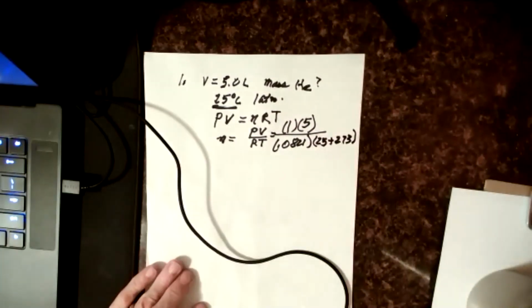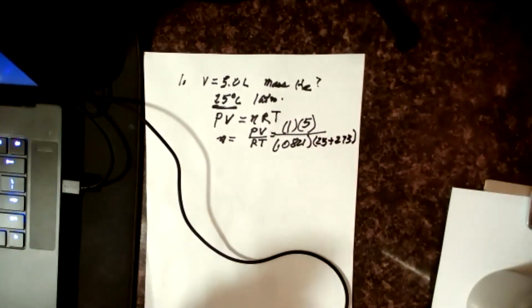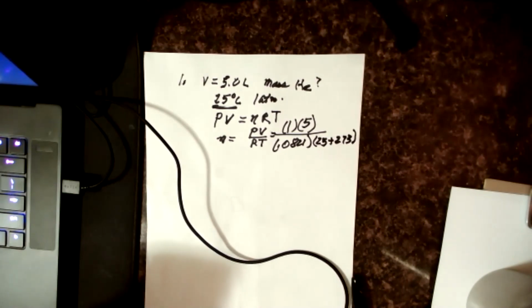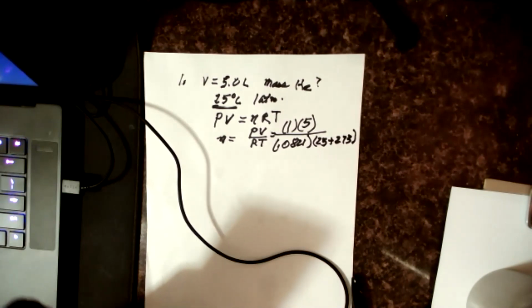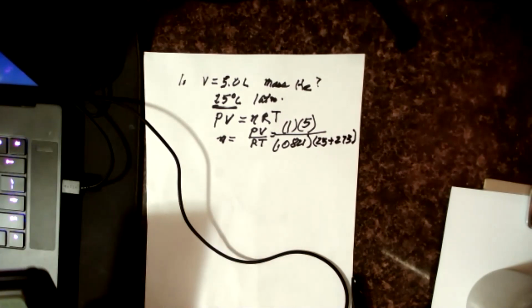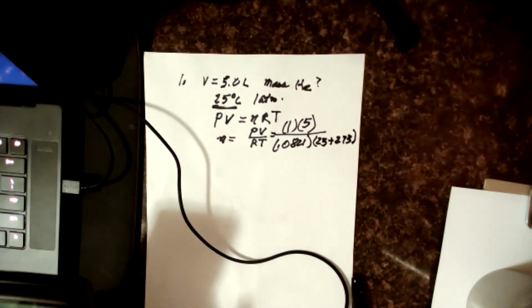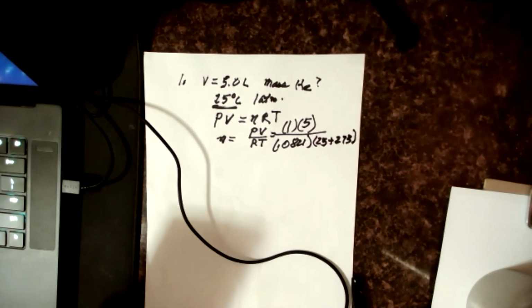All right, so let's do our math and see what we got. Need to do the math with a calculator. And so we have 5 divided by 0.0821 and divided by left parenthesis 25 plus 273 right parenthesis.